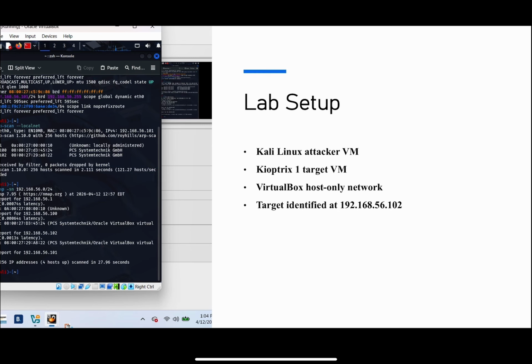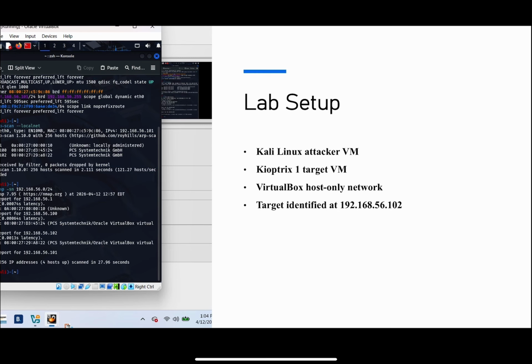Lab setup. For this lab, I used Kali Linux as the attacker machine and Kioptrix Level 1 as the target machine. Both virtual machines were connected through a host-only adapter in VirtualBox, so they could communicate on the same private network. This setup created a safe lab environment for testing.